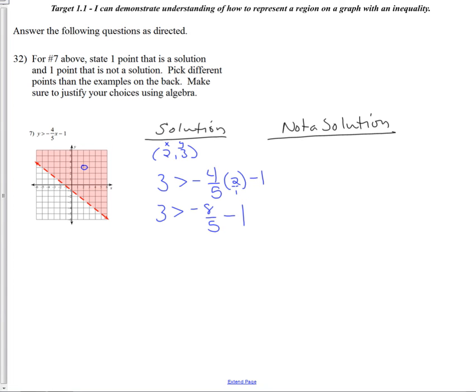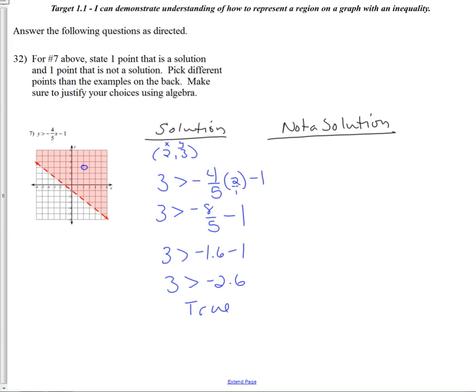Now, our goal right now is to make sure that we know that 3 is bigger than whatever number we get on the right-hand side. Is it important we use fractions? Not necessarily. Is it important that we use decimals? Not necessarily. What matters is that you prove it. So 3 is larger than, and 8/5 would be negative 1.6, so 3 is larger than negative 2.6. And that is true. So we just proved that it is a solution.